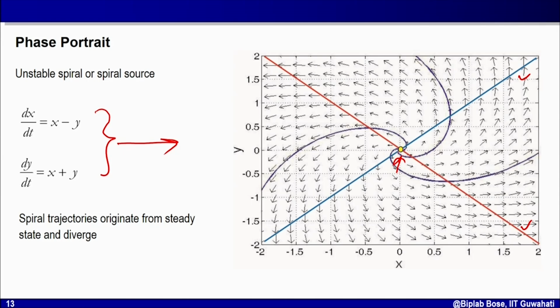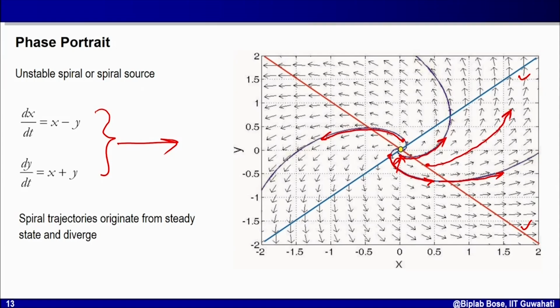So if I am at the steady state and I get disturbed, suppose up to here, then the system will not go back to the steady state, but it will follow a spiral curved path and diverge away. Similarly, if we disturb the system and then release it, the system will move away in this direction. If I start from an initial value here, I will follow this path.